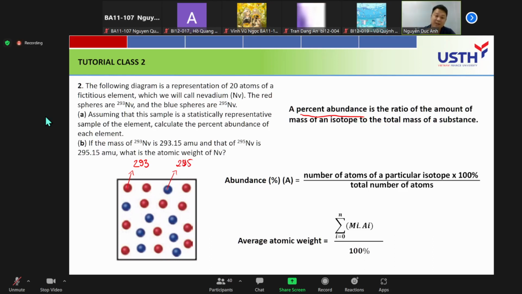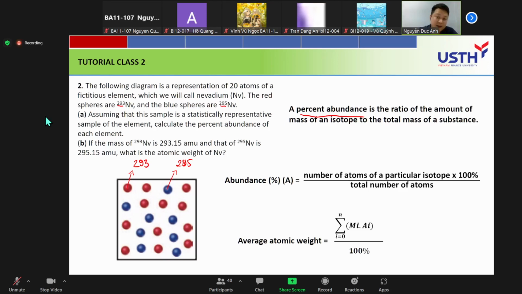So these colors, red and blue, show the numbers of atoms that have a different mass or different type. When you have different atomic masses like this, but the same numbers of protons, you have isotopes, right?